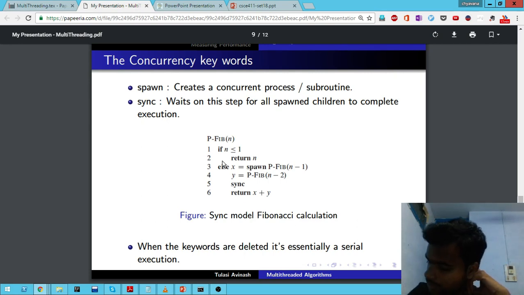The same thing continues with n equal to 2. Here 2 spawns a thread for 1, and it calls a function for 0, and it waits for a sync to complete. So these values come here, and once the value for n equal to 3 is complete, it goes for sync.